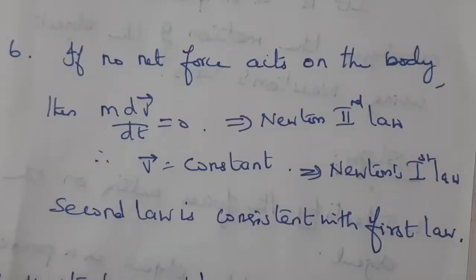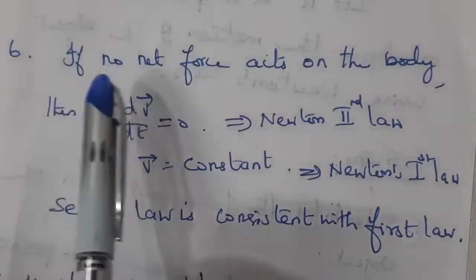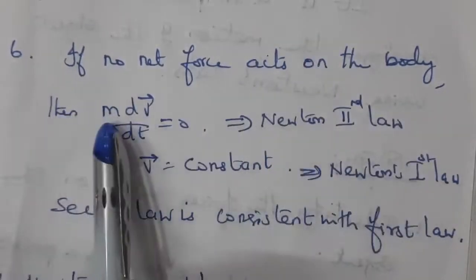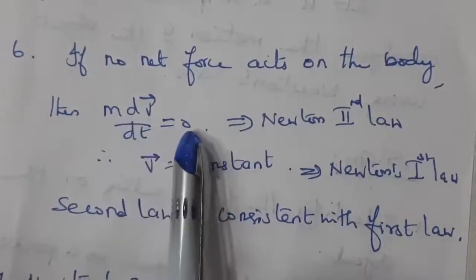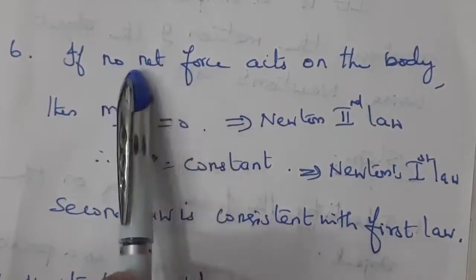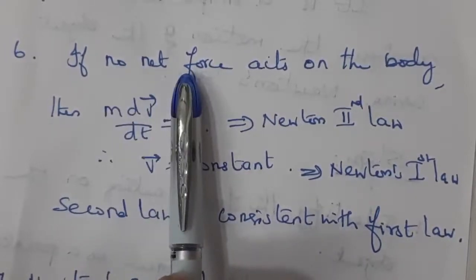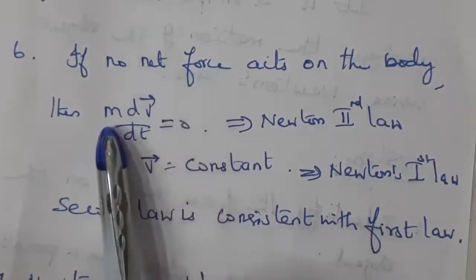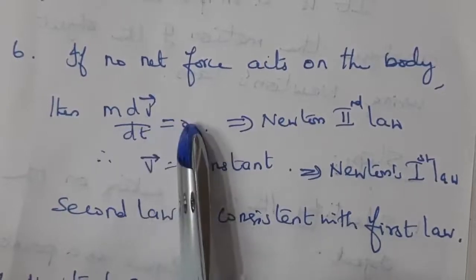The next discussion is, if no net force acts on the body, then m dv vector by dt is equal to 0. That is, no net force means f vector is equal to 0, which means ma vector is equal to 0, that is, m into dv vector by dt is equal to 0.